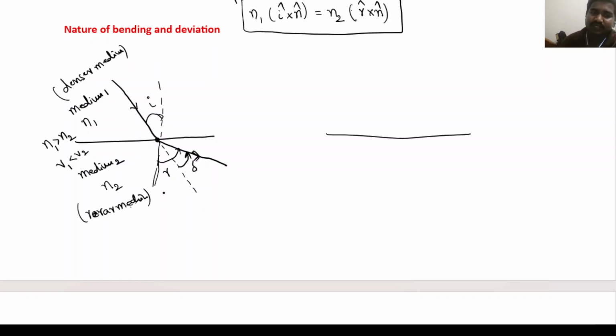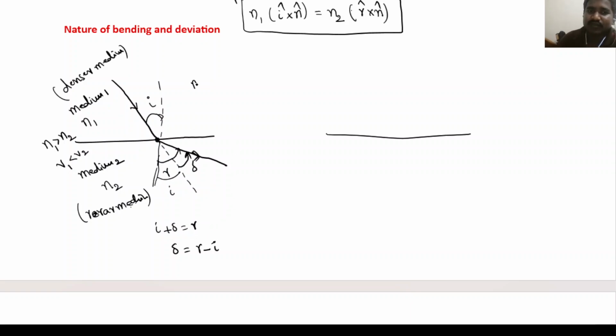In this case, angle of incidence plus deviation equals angle of refraction, or angle of deviation equals angle of refraction minus angle of incidence. So that is the first case. Here the light ray travels from denser medium to rarer medium.